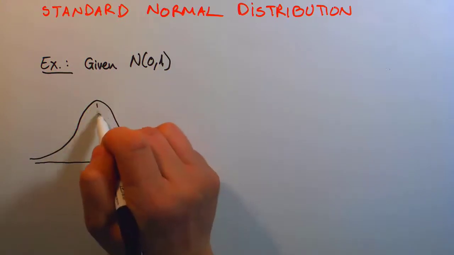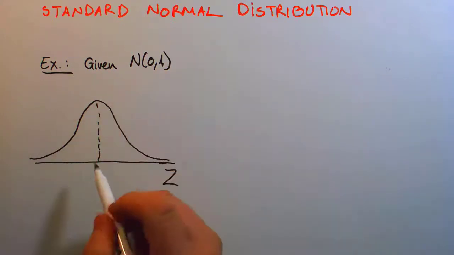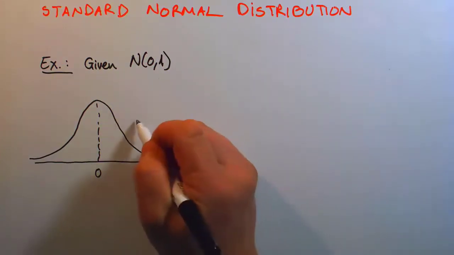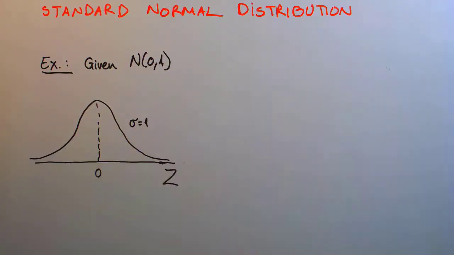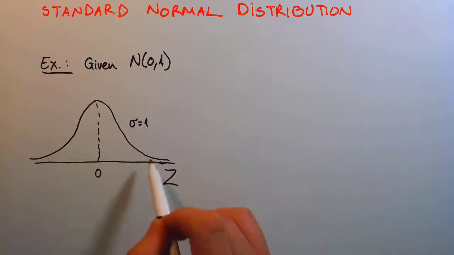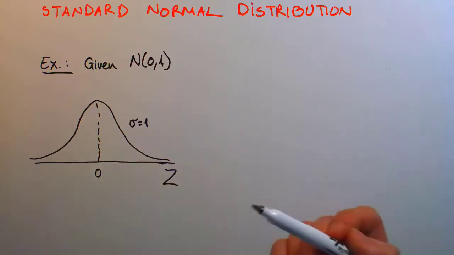And so it's indicated that the center is 0, right in the middle, mean value, standard deviation is 1. And so on this bell curve, once again, we already knew that the total accumulated area inside of this bell curve is 1 or 100% of area.